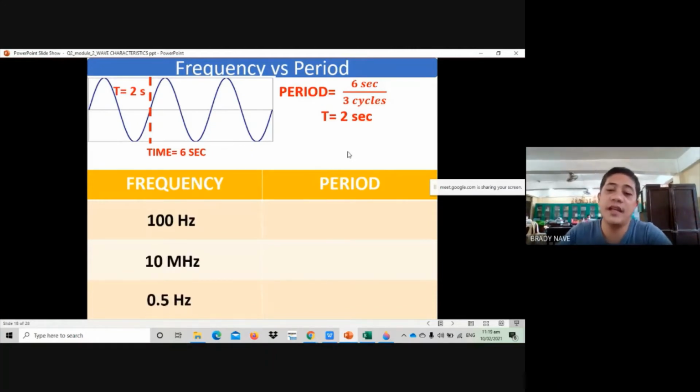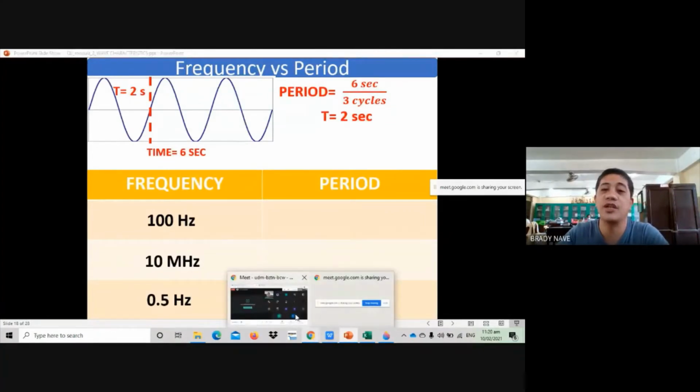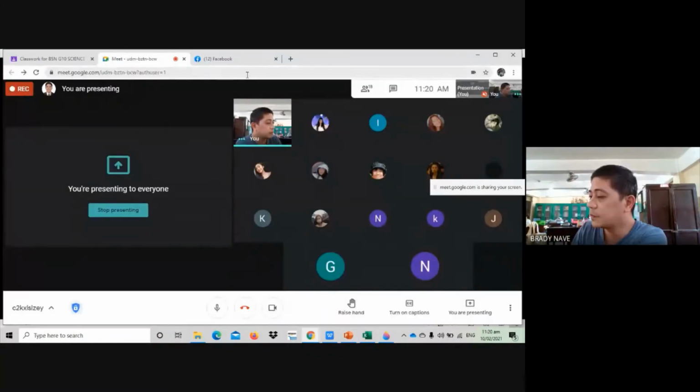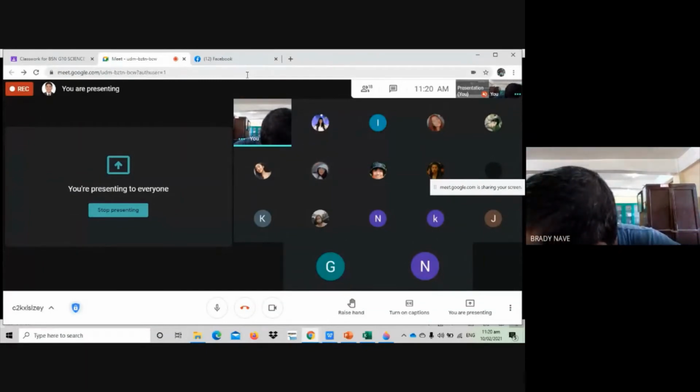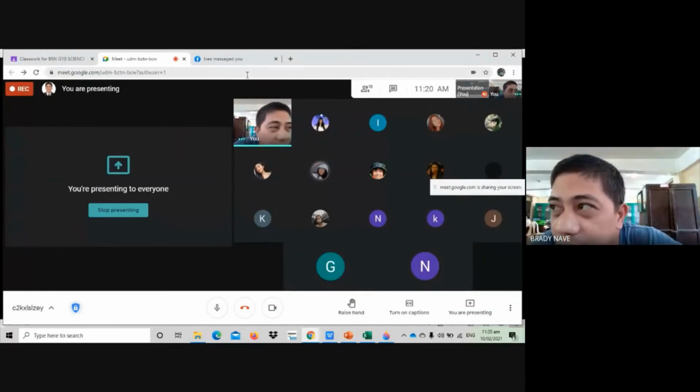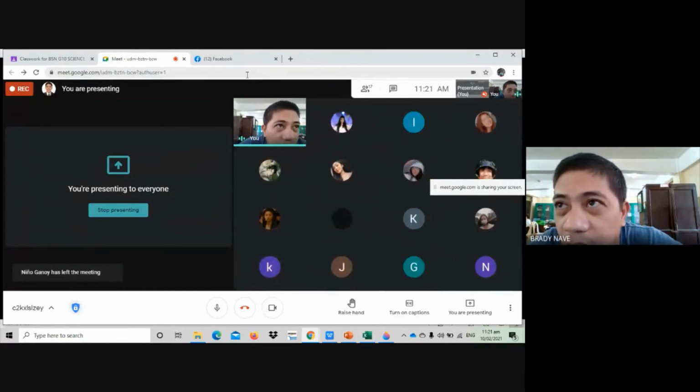Okay. Solve natin. 100 hertz. What is the period of 100 hertz? So when we say reciprocal of 100, ang 1 ha? 0.01. So kinuha mo siya in fraction form, the reciprocal of 100 is 1/100.